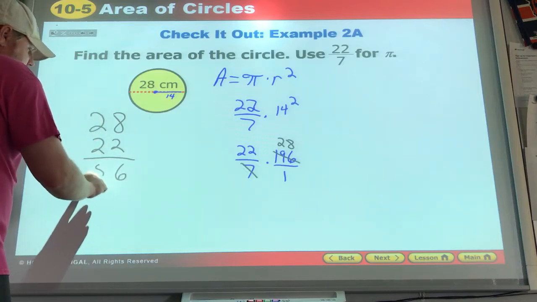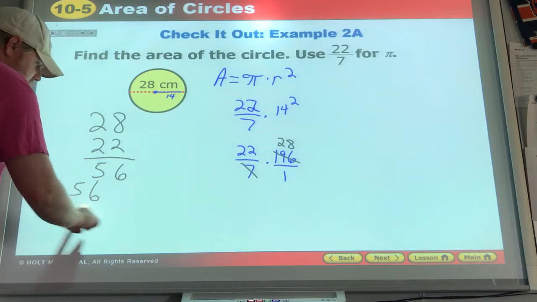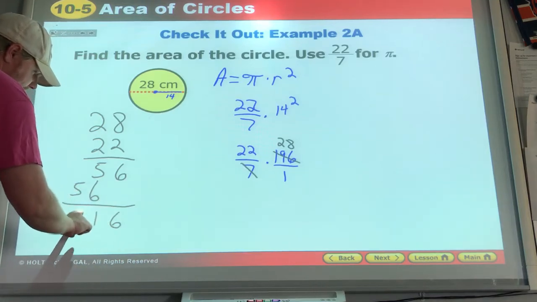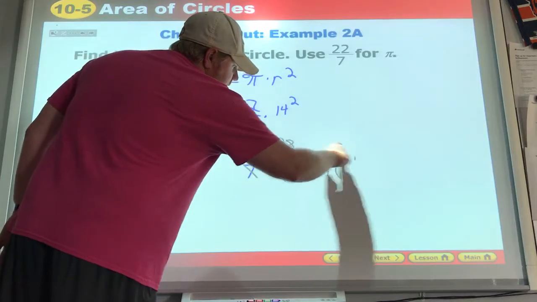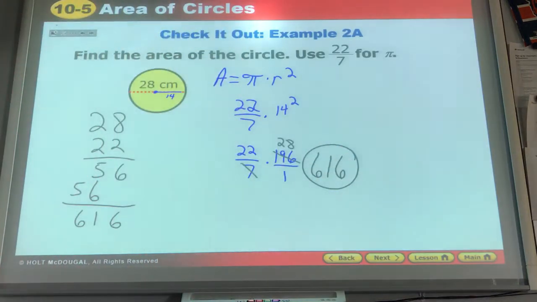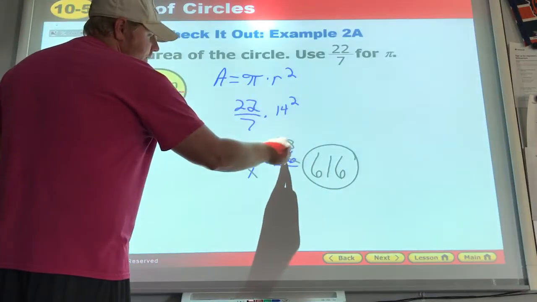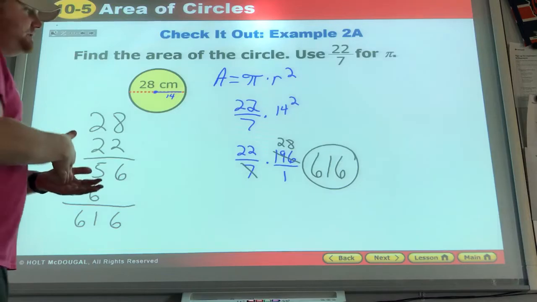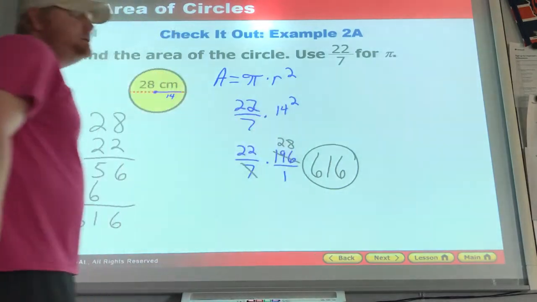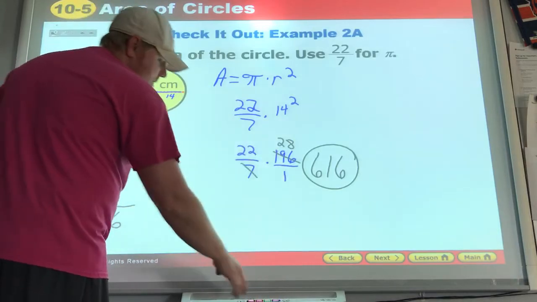16 and 5. All right. 16 and 5. 616 is our answer. Reducing when we can. Notice I had to do the exponents first, then I could reduce. PEMDAS, or order of operations, says exponents must always be gotten rid of first. So I did those, then I reduced.